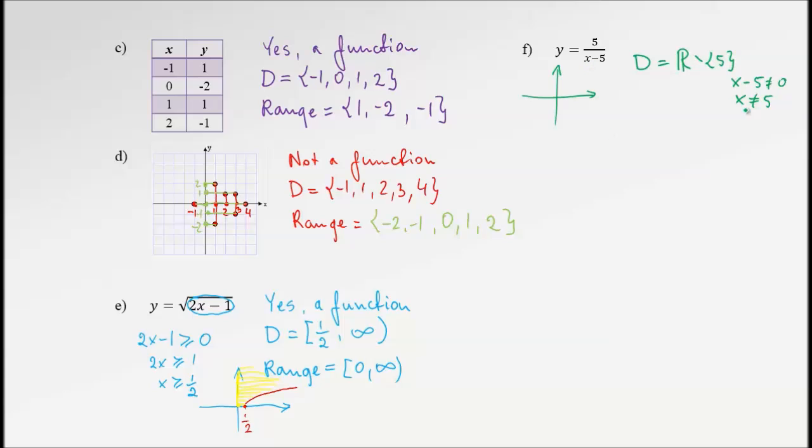Okay, if I already have my domain, I know that point 5, let's say it's here, is the tricky point, is the point when our relation doesn't get any value. So this point will actually indicate that we have a vertical asymptote here. And the horizontal asymptote should be at 0, because 5 over something will never be 0.